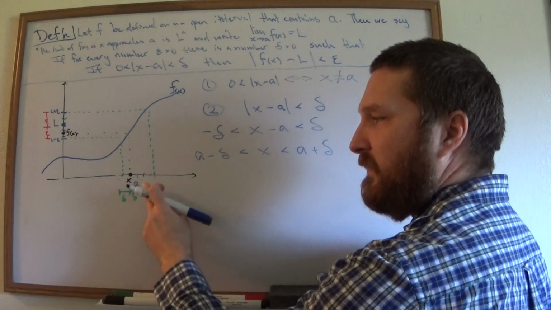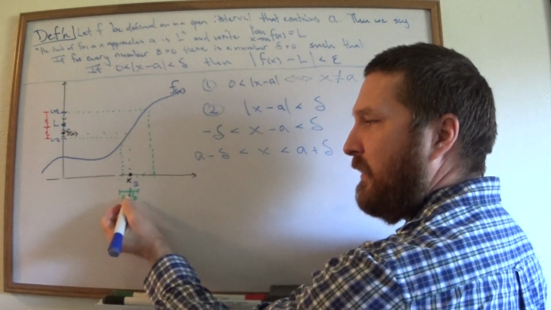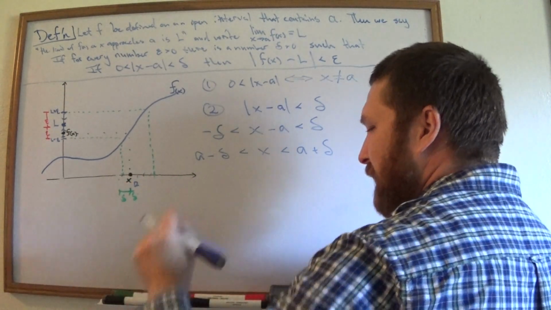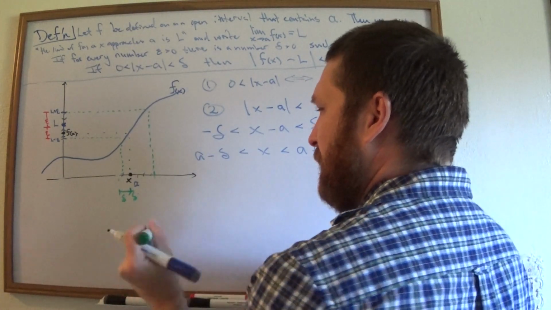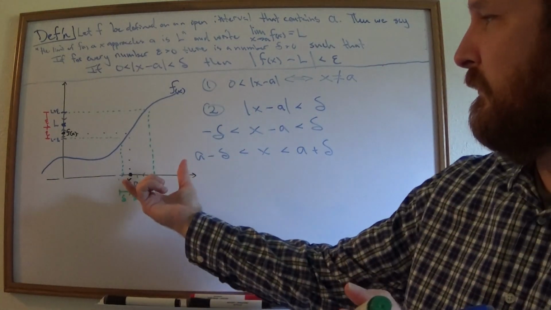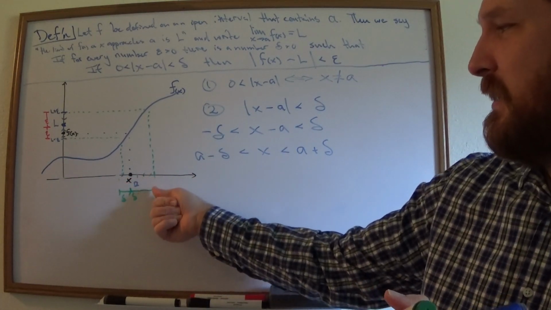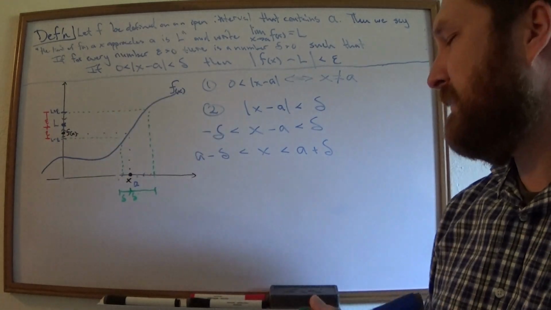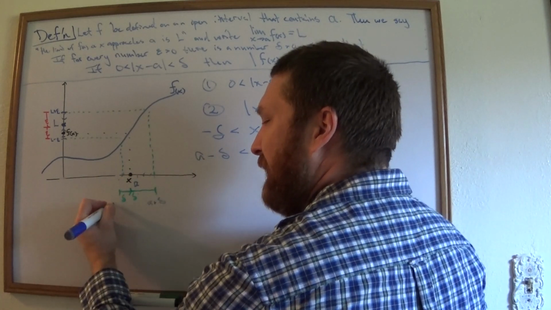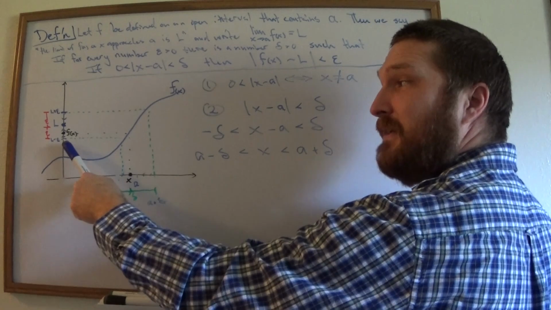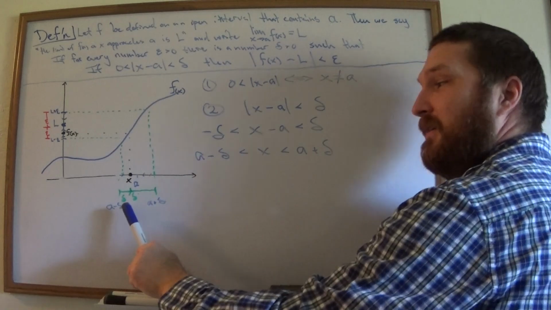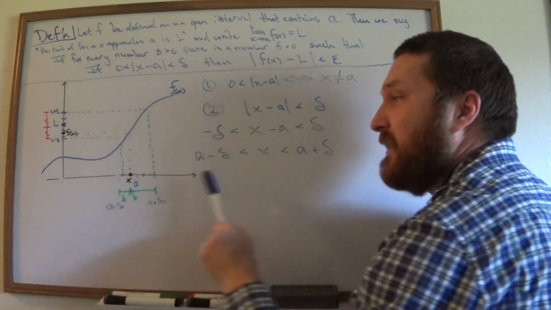I did this terribly, I didn't draw it well. The same way we did right there, right? You're at a, you go some distance delta, you're at a plus delta. You're at a, you go that way a distance of delta, you're at a minus delta.